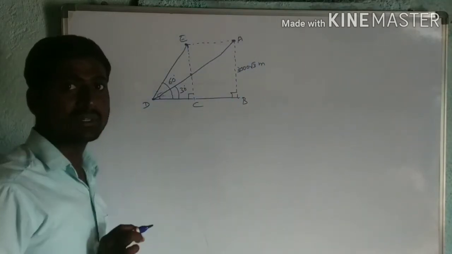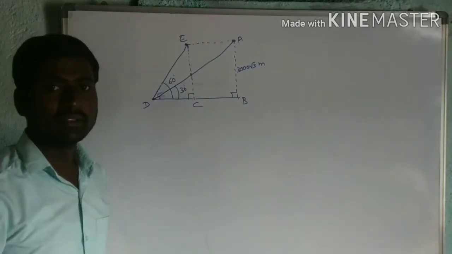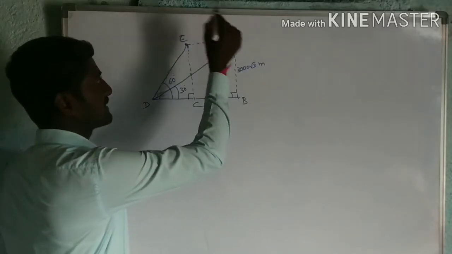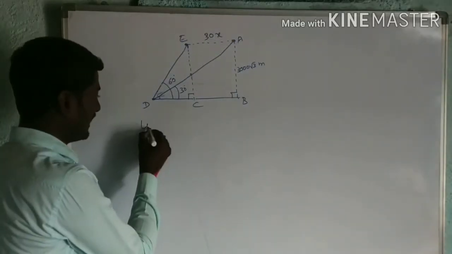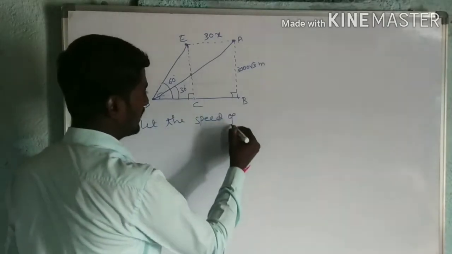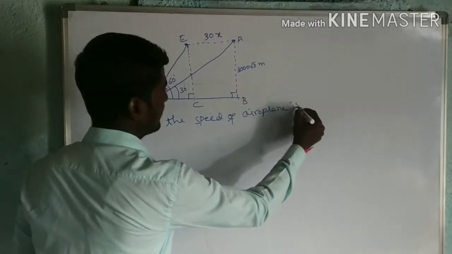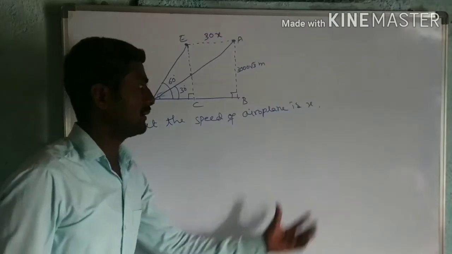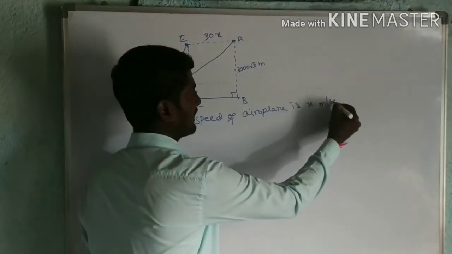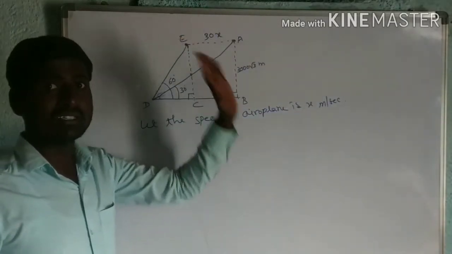It has taken 30 seconds. Now what is the distance covered by the plane? I will take it as 30 into x. Because let the speed of the aeroplane be x. I have taken x as meter per second, because the distance is given in meters and the time is given as 30 seconds.